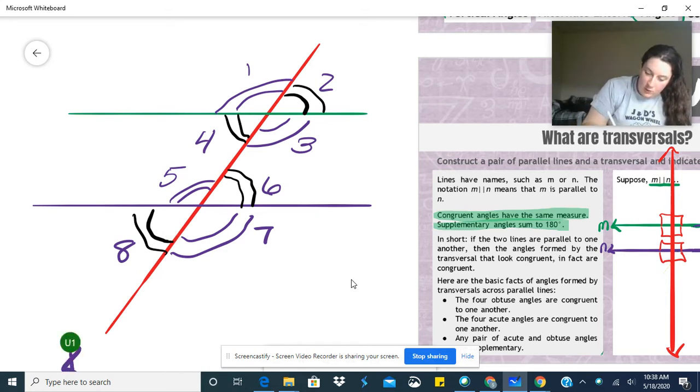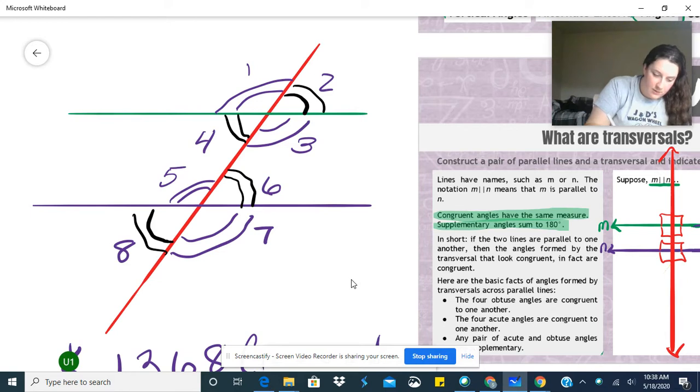Angles 1, 3, 6, 8 are congruent. Angles 2, 4, 6, 8.